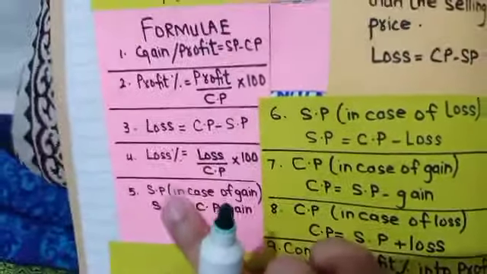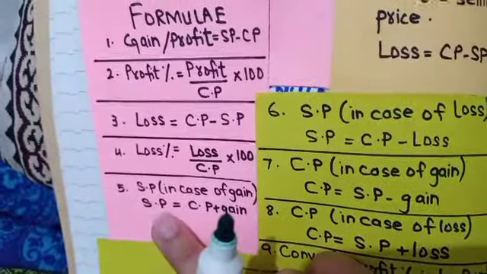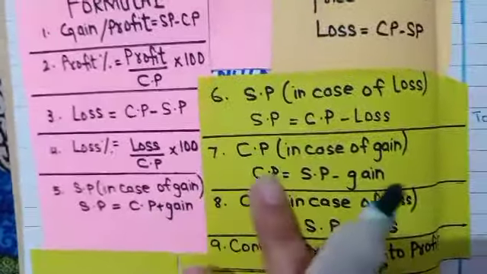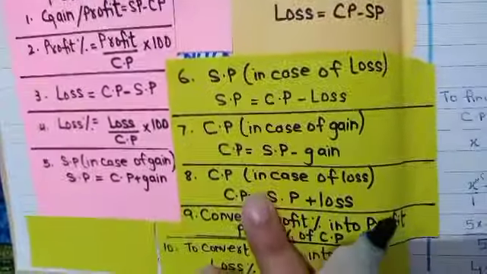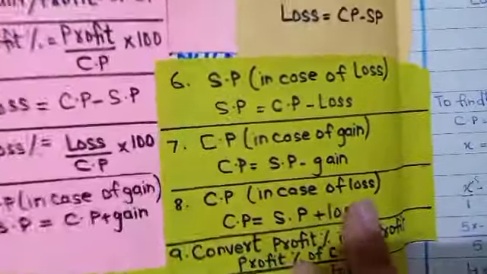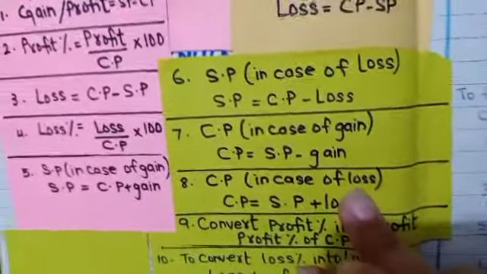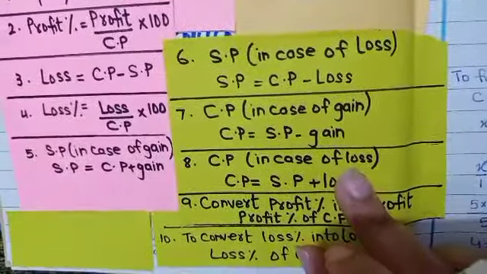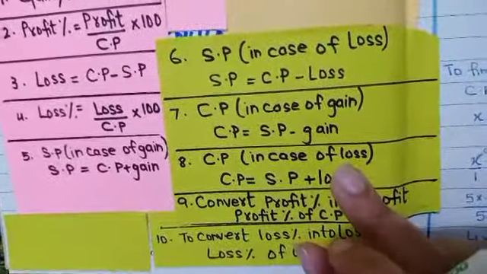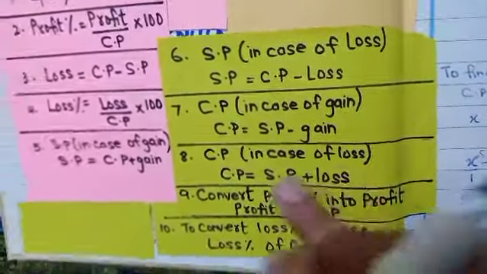Which formula shall I use in all of these? I will use this formula, cost price in case of loss, because I know that in my question the art dealer has gained a loss of 20%.